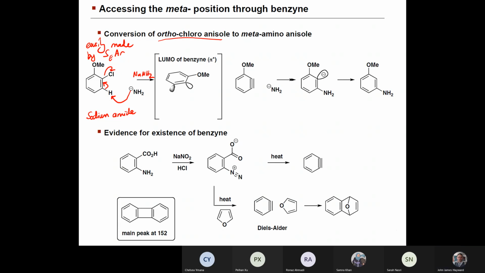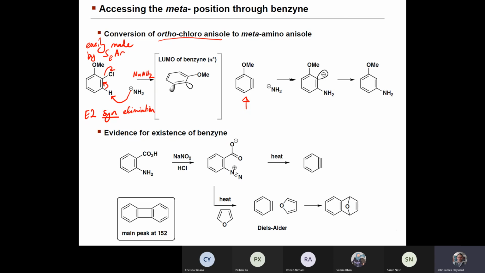Okay? So, E2 syn elimination. That generates a benzyne. Okay, so this is often drawn like this, where you've actually got a triple bond in the ring.